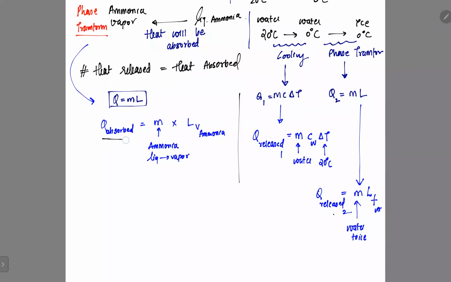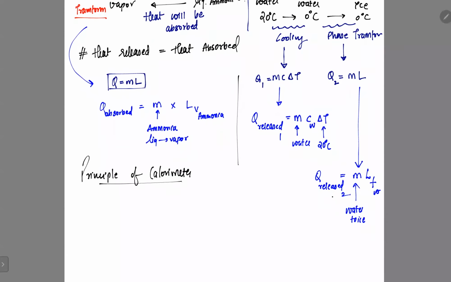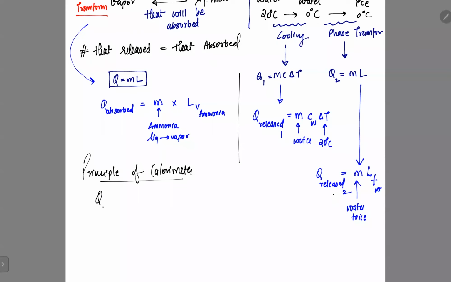Now, when you look at this, can I say that as per the principle of calorimetry, the heat absorbed by ammonia is equal to the heat released by water, and the heat released by water is coming in two parts, first Q1, second Q2. Do you agree with me?